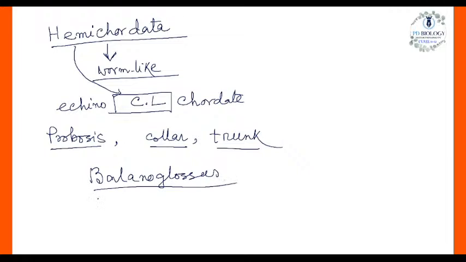Balanoglossus gigas, Saccoglossus, these are the prime examples of this group of hemichordate. So remember this one, the prime thing of hemichordate.